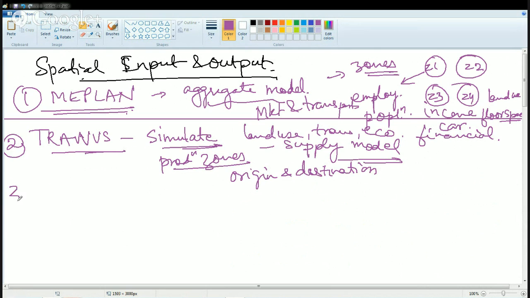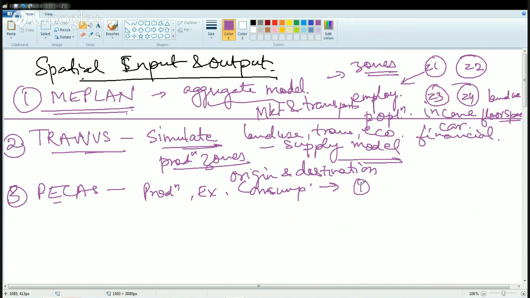The next is the PECAS. This model talks about exchange and consumption. So it talks about production, P for production, E for exchange, C for consumption, allocation system. So under this, you try to talk about the production, exchange, and consumption. So it's an interrelation made by both MEPLAN and TRANUS model.